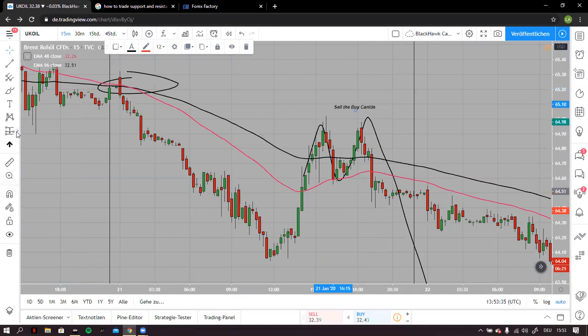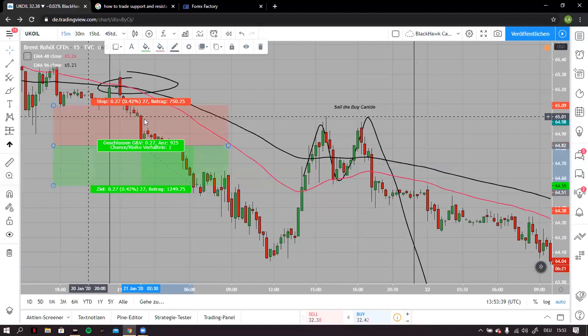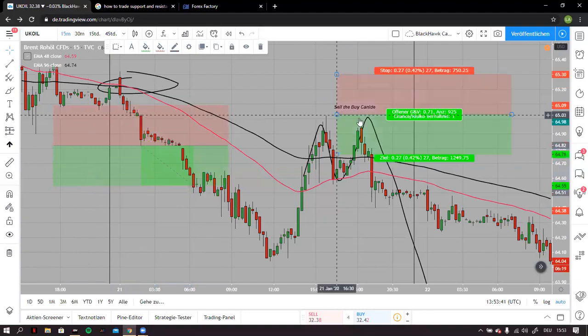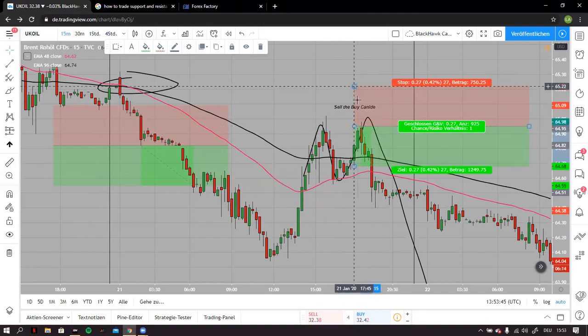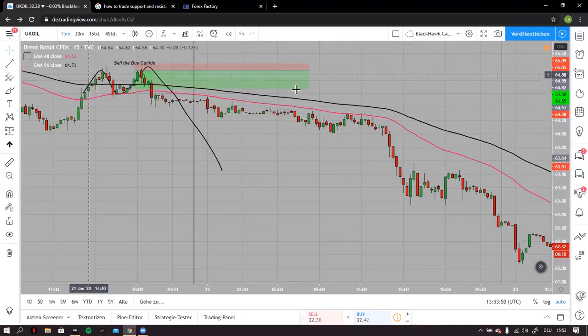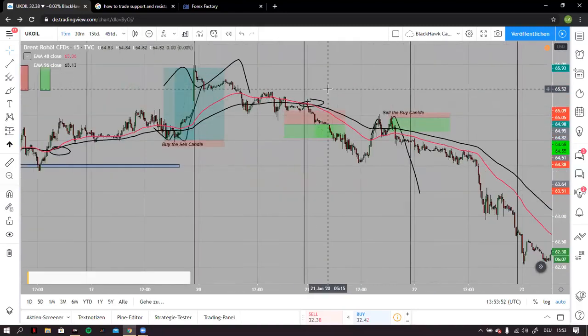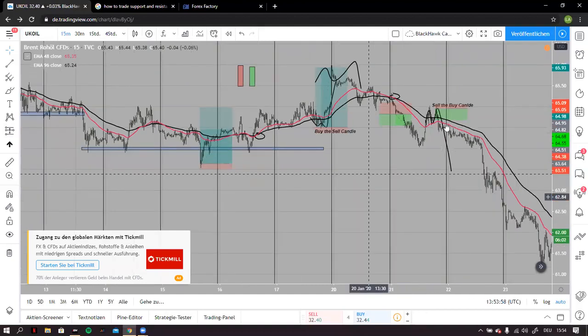You could get another pretty good trade. Take profit zone, previous zone. It's here, yes. So this would be our first take profit zone.